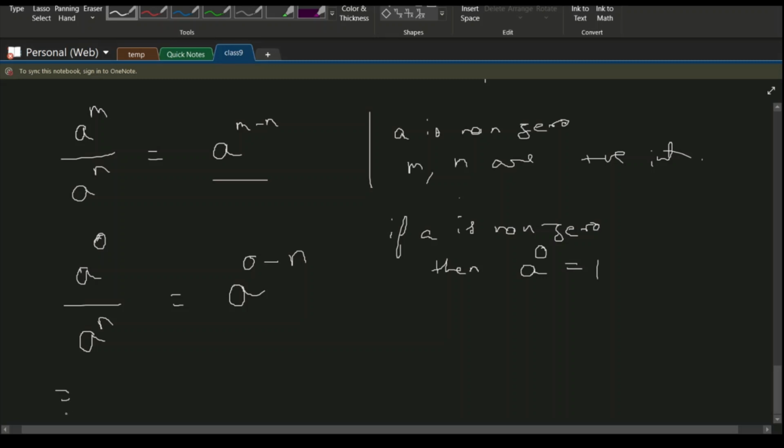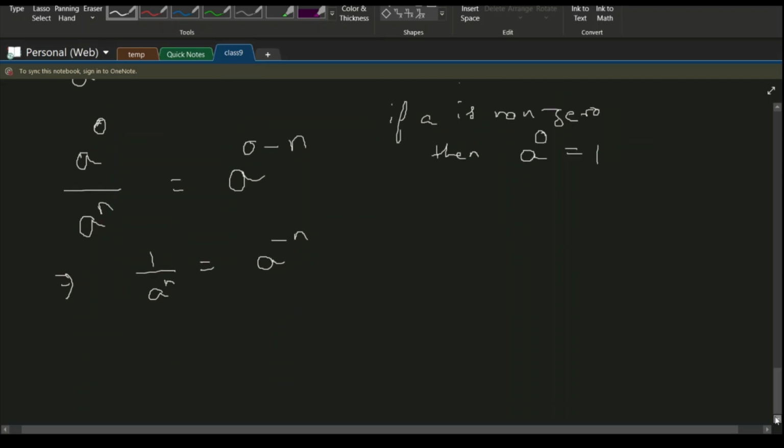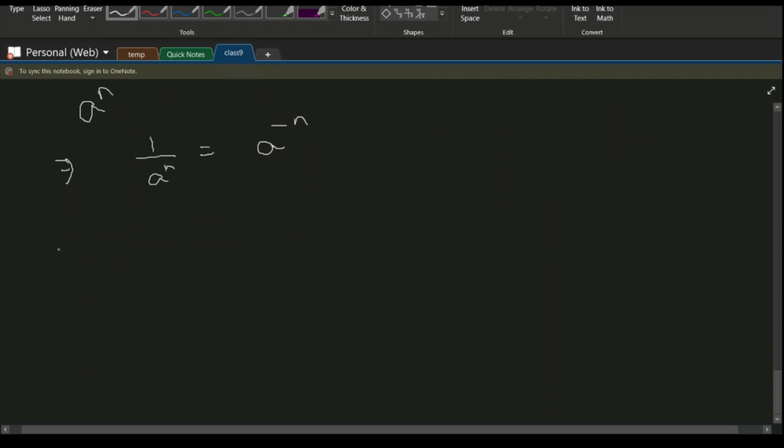So this quantity becomes 1 by a to the power n equal to a to the power minus n. Now we are starting to look at negative indices. So far we talked about when the power is a positive number. But now we are looking at when the power can be a negative integer as well. So then we have this kind of rule.